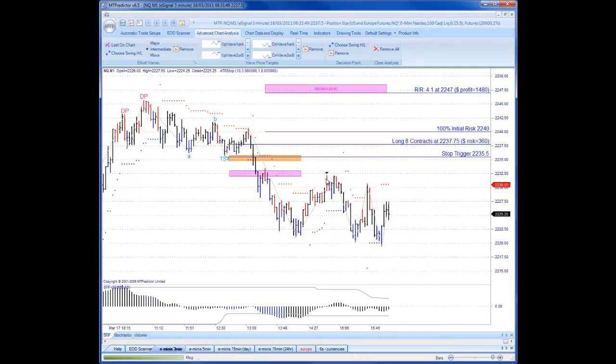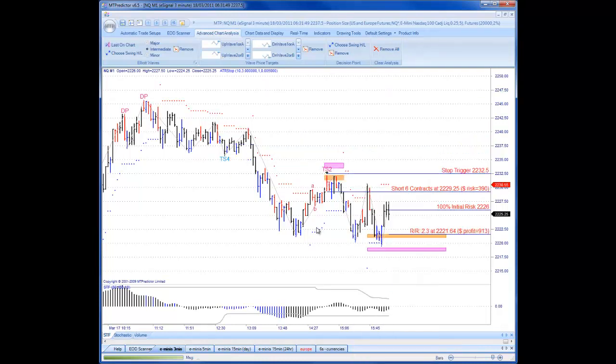Again, we put the analysis on, and this is why we allow you to put the analysis on, because you can see here it's a double top. You weren't actually stopped out. So this trade was entered, not stopped out, down to the first target where you had a plus 2.3R. Now initially that may look really bad that you had 1, 2, 3, 4, 5 losses and only 2 profits.